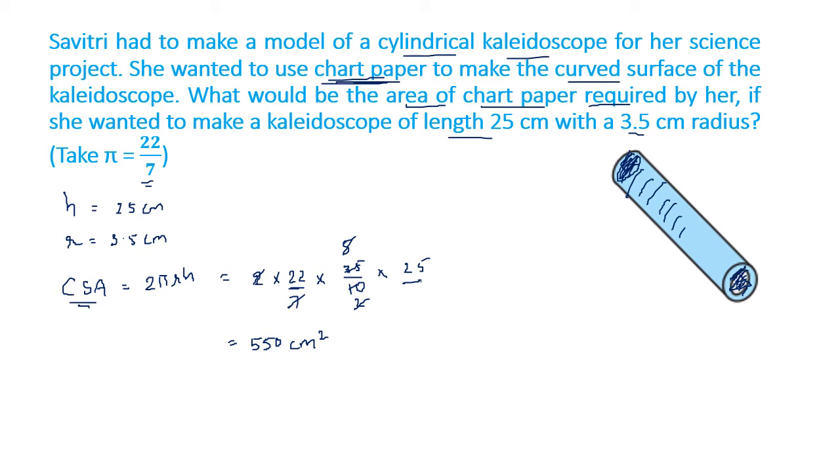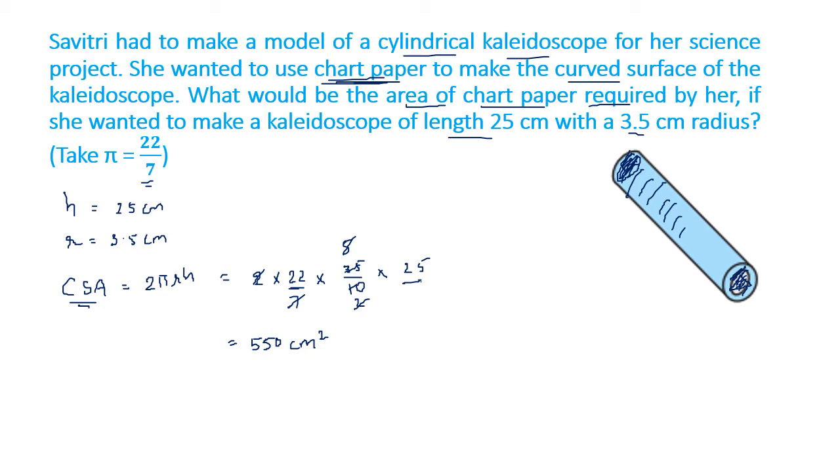So this is a very simple sum. I have kept only one topic for today, that is the cylinder. Keep on revising the formulae till you know them very well. Again, let us revise. The curved surface of the cylinder is 2 pi r h and the total surface of a cylinder is 2 pi r bracket h plus r.